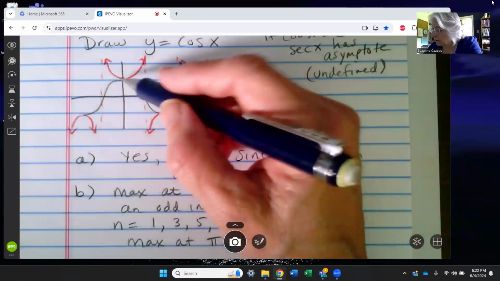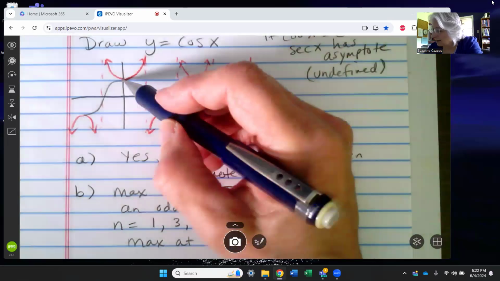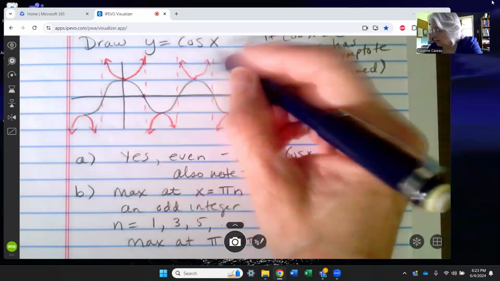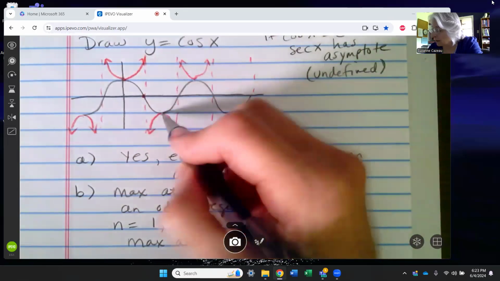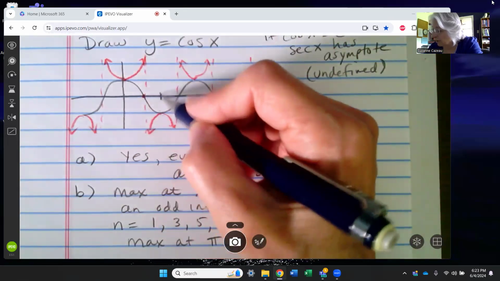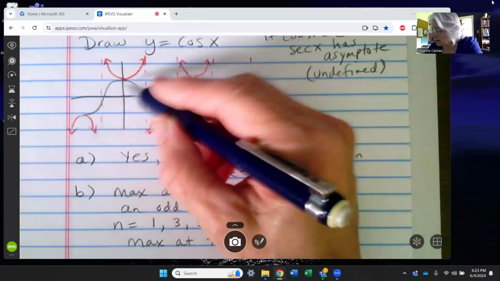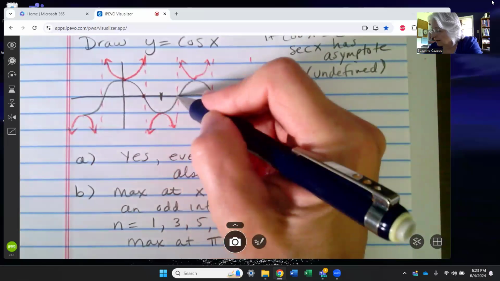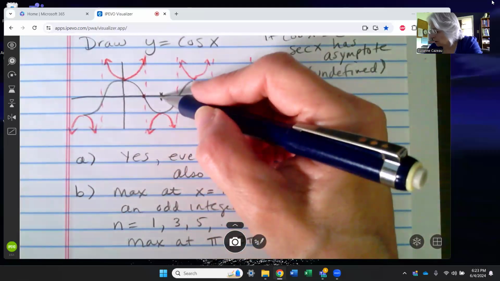So here's the cosine, right? The cosine has a max at 0. Secant is going to have a max where the cosine has the min. So what's this point right here? Well, I know this is 2 pi here, and this is pi. So this is 3 pi over 2.